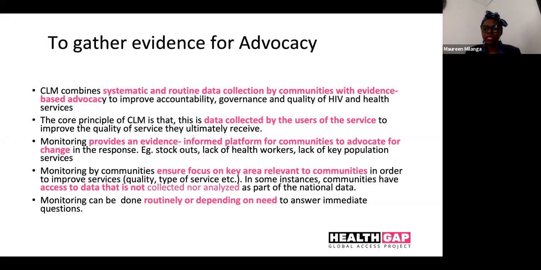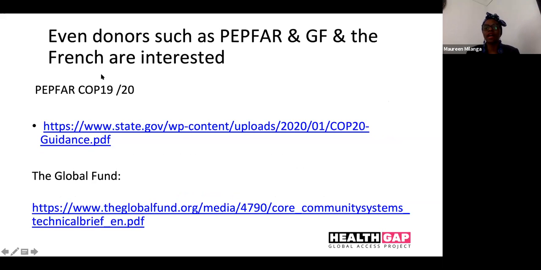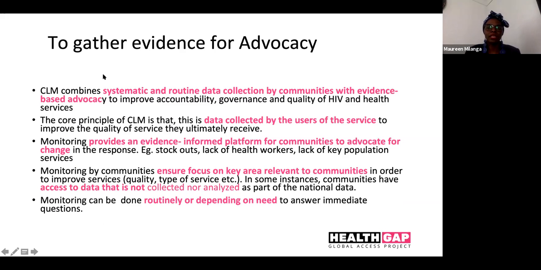We need to think about it as a systematic and routine way in which communities collect data, because communities are at the center of service delivery and they are the users of that service. So community monitoring provides us with evidence to go back and advocate for all the gaps that we find at service delivery points.